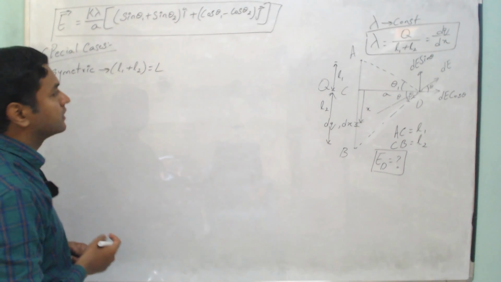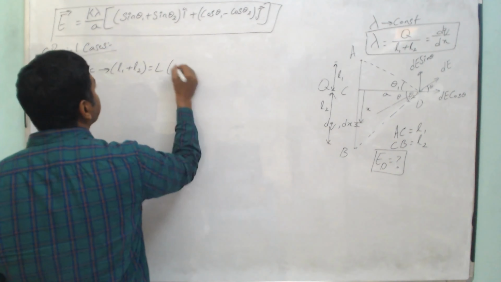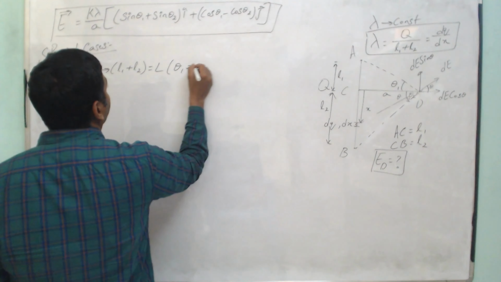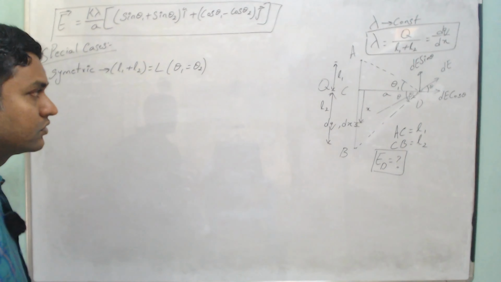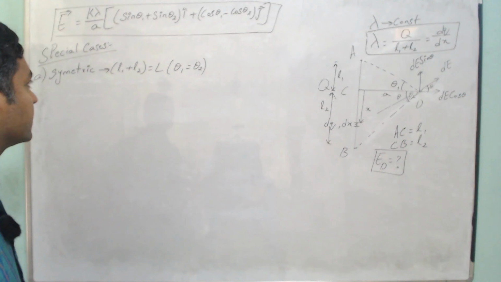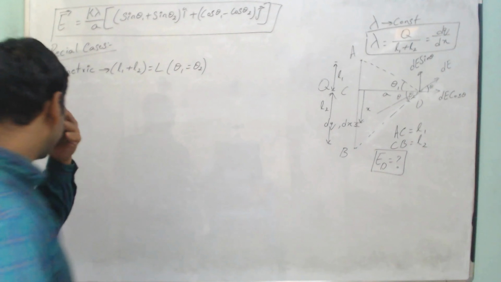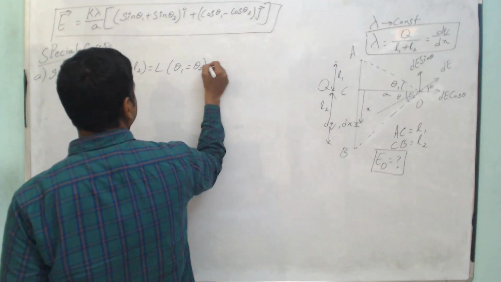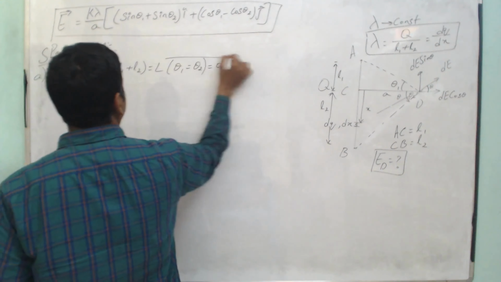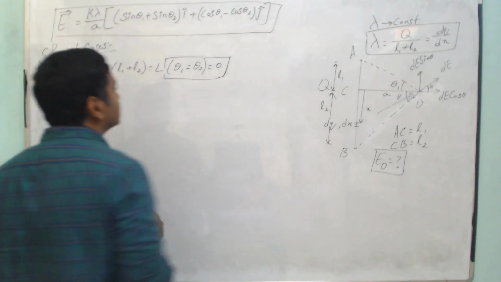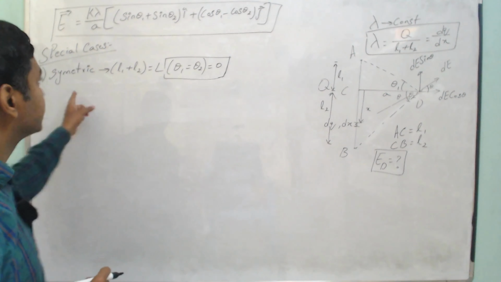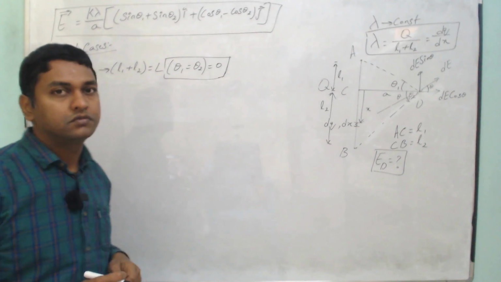Yes, sir. And because of symmetry, I have theta 1 is equal to theta 2. Yes, sir. Correct? So let me take this theta 1 is equal to theta 2 as some theta. Right? So this becomes yesterday's problem.